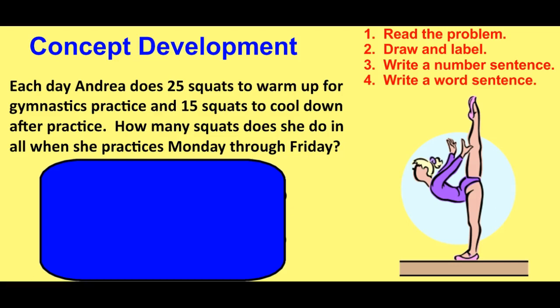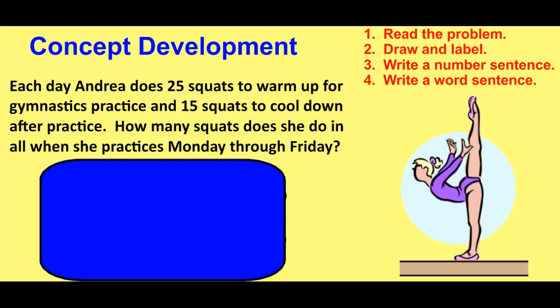So let's draw a picture for Monday through Friday showing how many squats she does to warm up and how many squats she does to cool down. If you want to make it like a tape diagram, whenever you're making a tape diagram, I want you to label Monday through Friday.